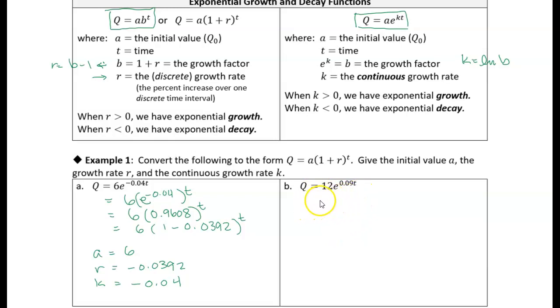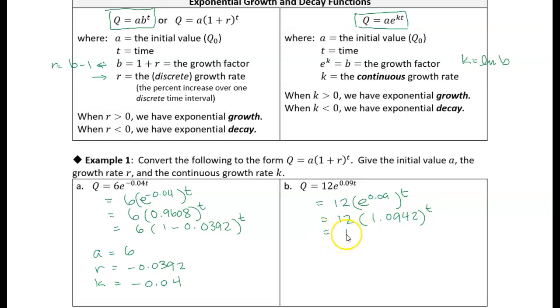All right, so let's do the same thing with this one. We have 12 e to the 0.09, I'm going to put that in parentheses, to the t. It's the same process, and now we can calculate that constant, e to the k. And so we end up with 12 times 1.0942, when I put that on my calculator, to the t.